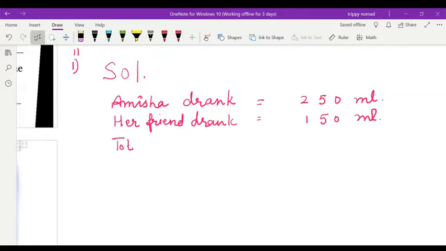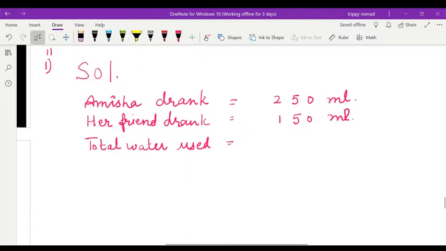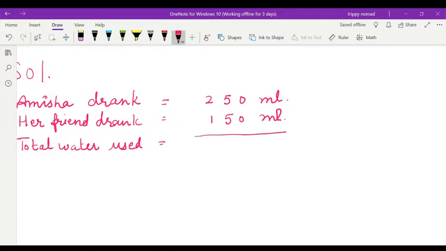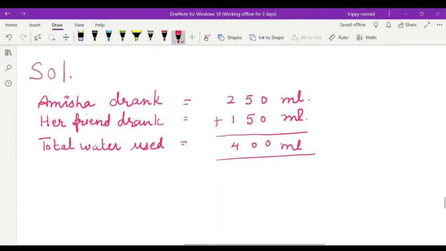Total water used, how much? 400 milliliter after adding. Now, how much quantity of water in the bottle was?